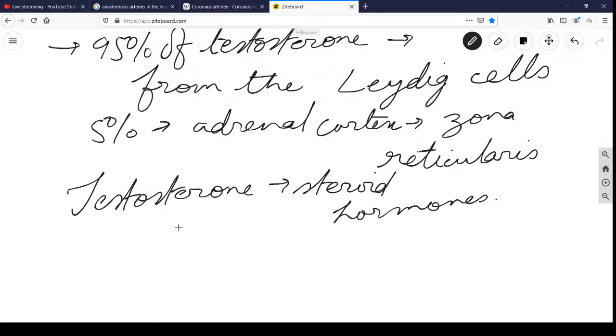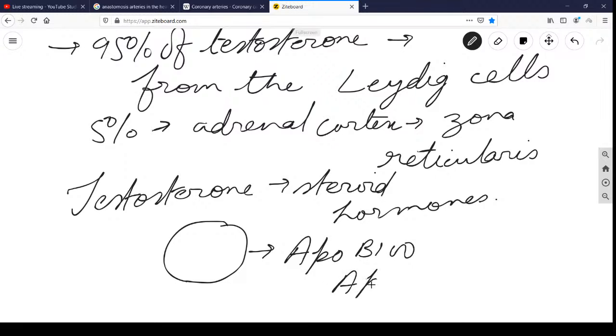Only what happens is those lipids, or lipid soluble molecules, are coated by proteins. Those are known as apolipoproteins, like ApoB100, ApoA1. So these are the proteins that coat the cholesterol particles, and then they are known as HDL, LDL, VLDL, chylomicrons, and IDL, intermediate density lipoprotein.